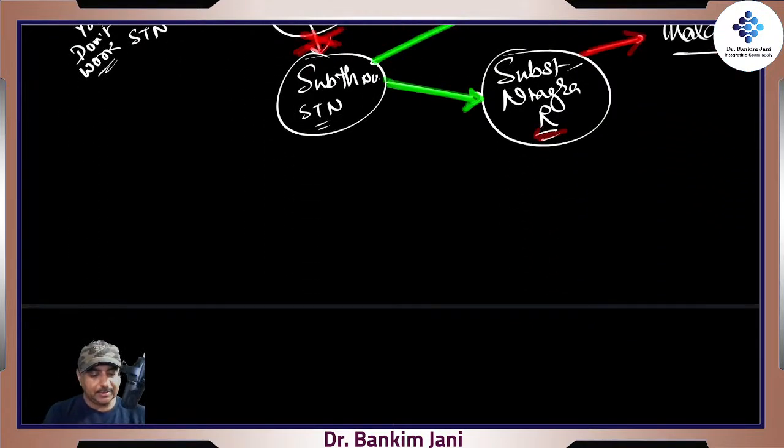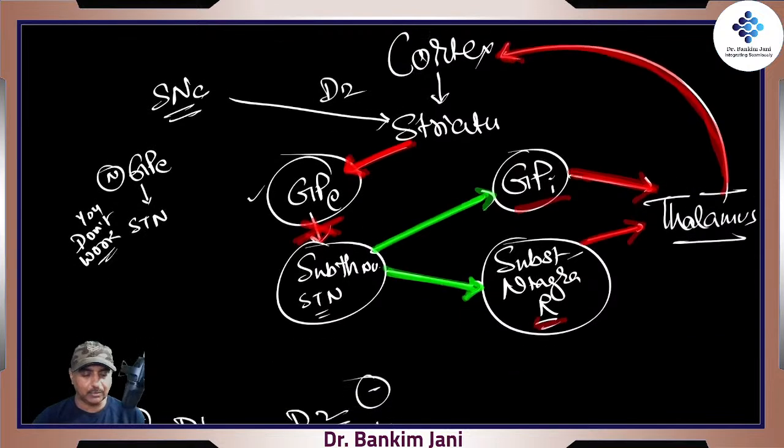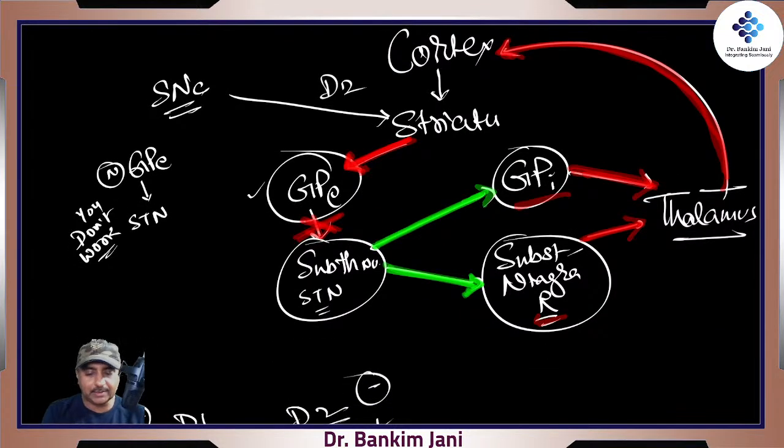We said that D1 was for the direct pathway, D2 was for the indirect pathway, and D1 was stimulatory, D2 was inhibitory. So this question of what substantia nigra compacta does, obviously it would be inhibiting, right? It would be inhibiting. So this is the inhibitory effect which will be generated.